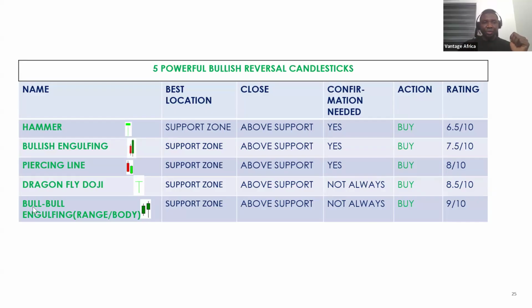Okay. Then the next one is what we call a bull engulfing. Bull engulfing is another candle pattern. You notice that there's a bullish candle, a green candlestick, followed by another green candlestick. That green candlestick started out coming down, and then eventually bullishness returned to the market.